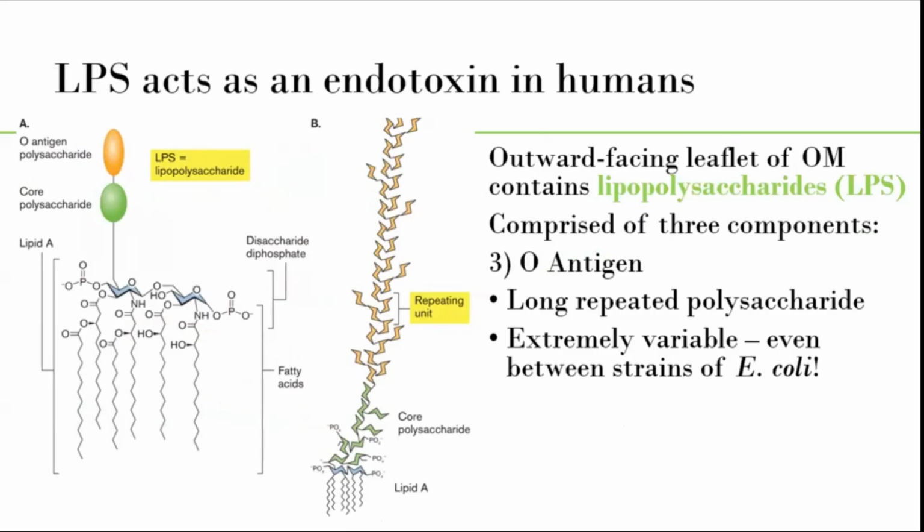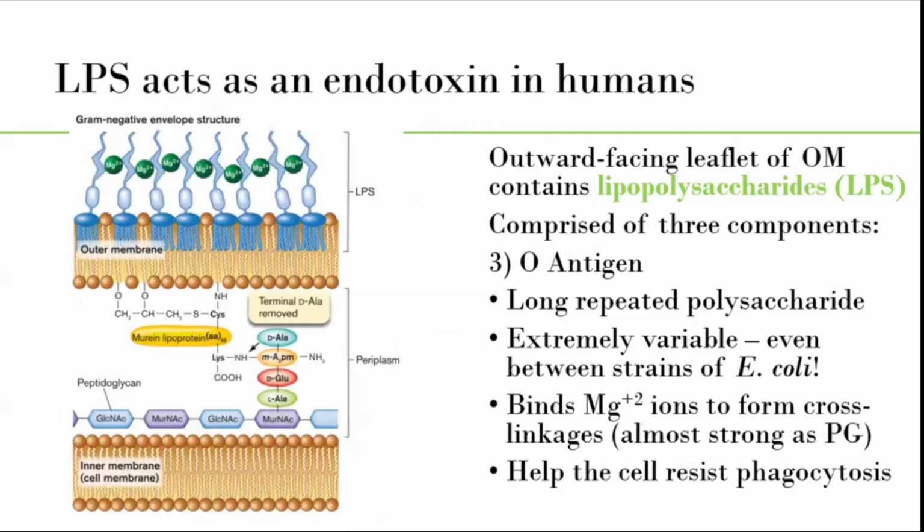Then we have the final piece, the O antigen. This is another long repeated polysaccharide. It can be longer than the cell is long. So these can be incredibly long sugars. And what they do is they can bind to magnesium, and that basically acts as a crosslink. Just like the peptides did for our cell wall, magnesium binds all of these O antigens together and makes this portion of the envelope very rigid and secure.